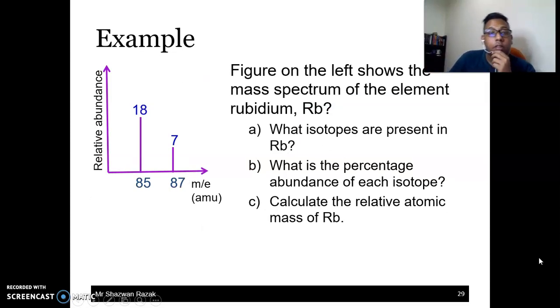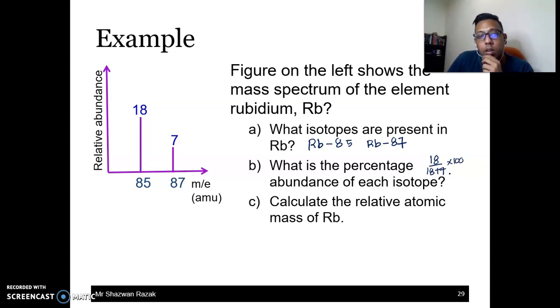What are the isotopes present? We see here there are two types of rubidium, rubidium 85 and rubidium 87. The percentage abundance for rubidium 85 is 18 over 18 plus 7 times 100, which is around 72%. And the other one will be 28%.